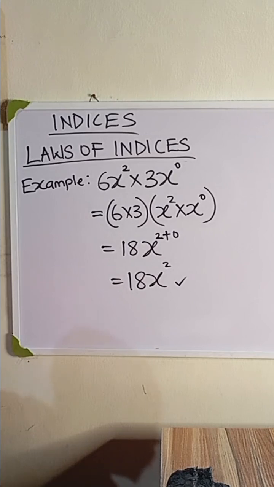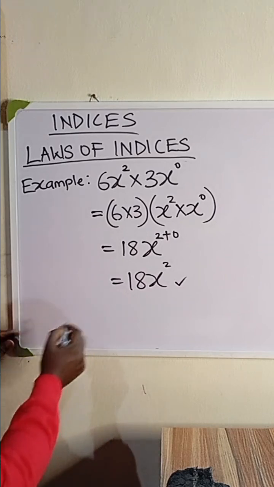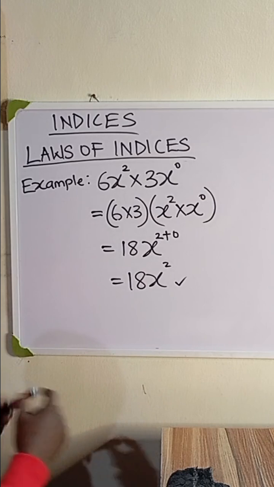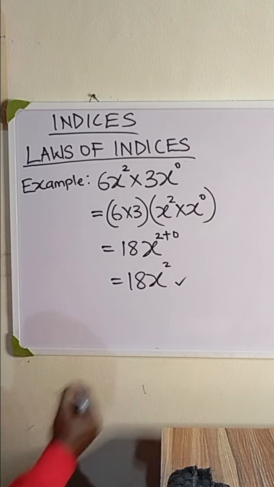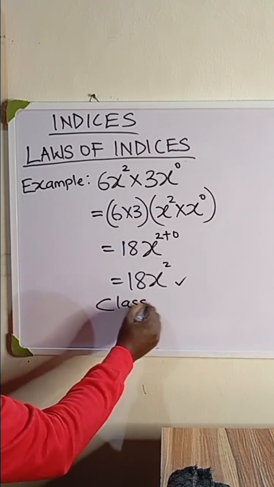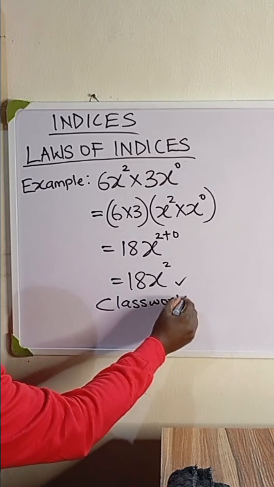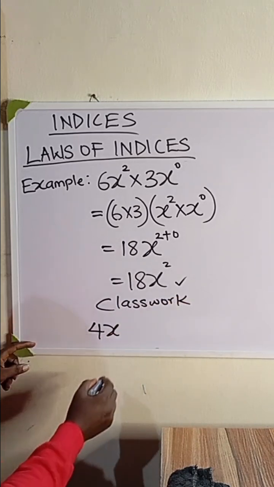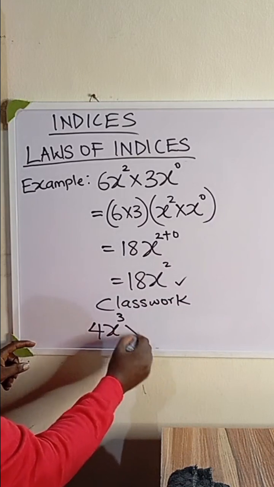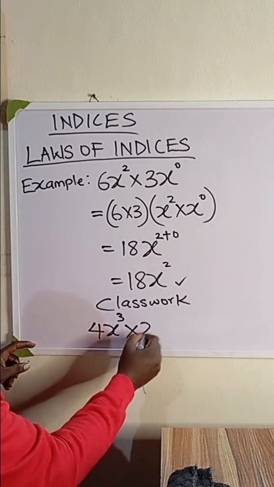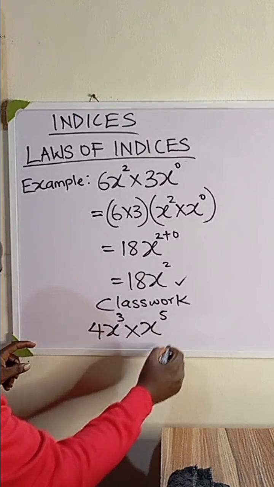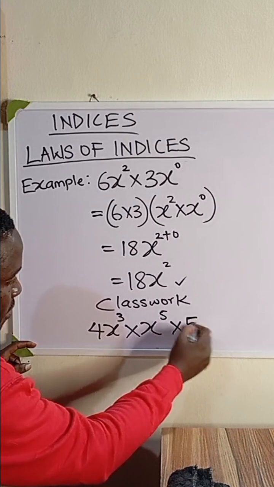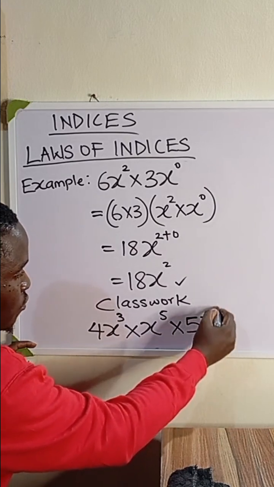Okay? So while we wait, I'd like you guys to solve this question: 4x to the power of 3 times x to the power of 5 times 5x to the power of 2.